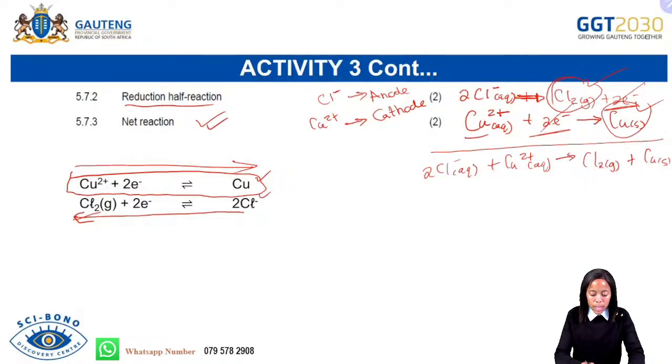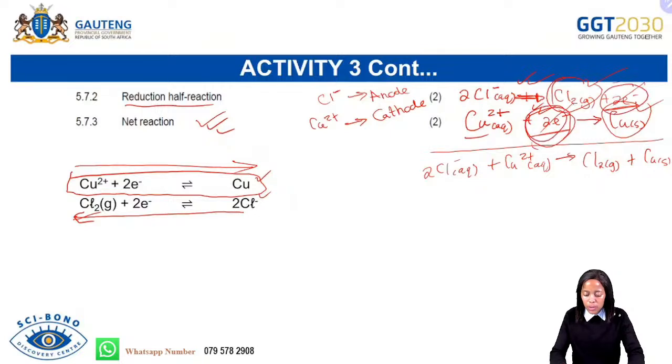So for you to be able to write down the correct net reaction, you need to make sure that you write your correct oxidation half reaction and the correct reduction half reaction. From there, you are going to check the number of electrons. If the number of electrons are not balanced, then you start by balancing.